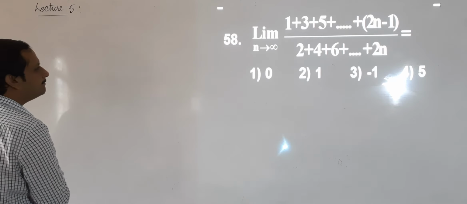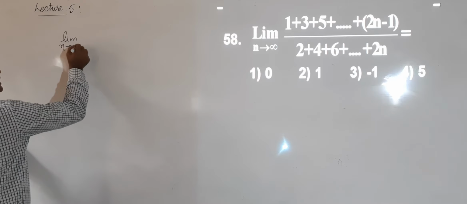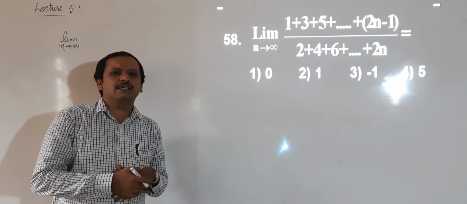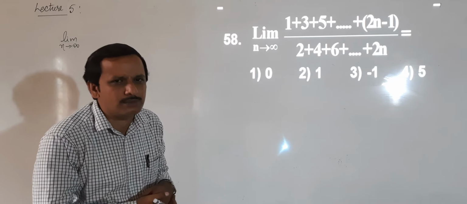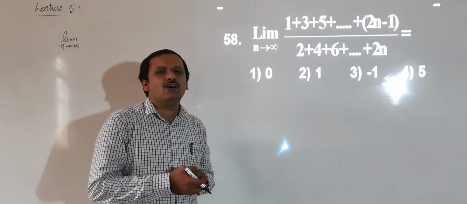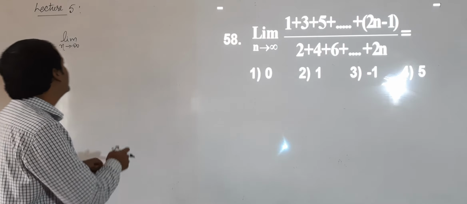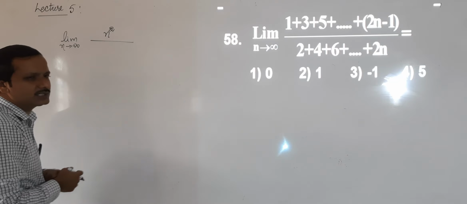Look at the numerator, 1 + 3 + 5 + etc. That numerator is the sum of the first n odd natural numbers. The sum of the first n odd natural numbers is equal to n square. You know that formula.